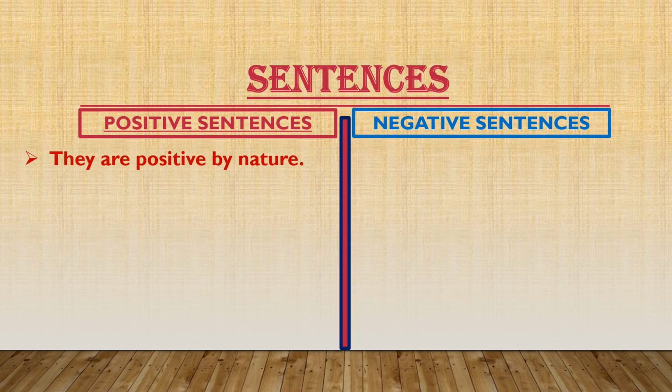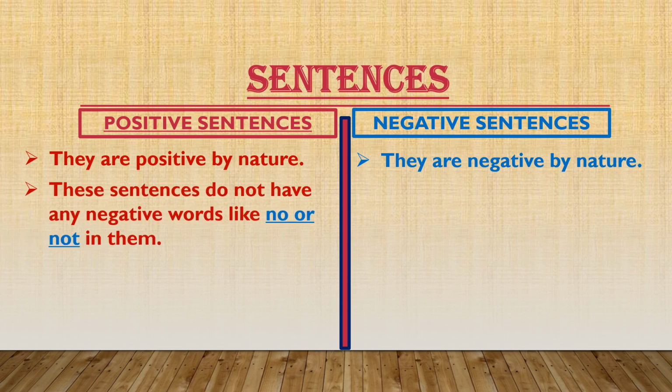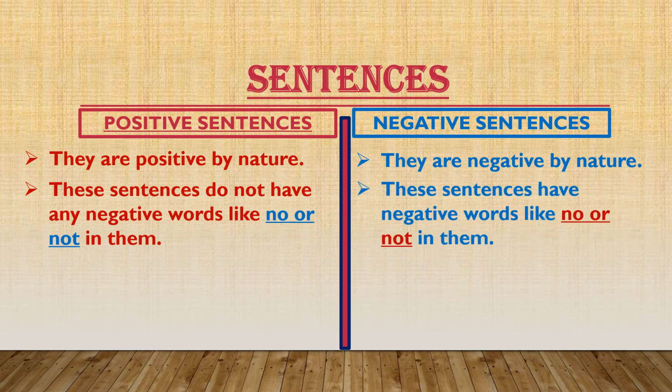Positive sentences are always positive by nature. Negative sentences are negative by nature. Positive sentences do not have any negative words in them like no or not. Negative sentences have negative words like no or not in them.